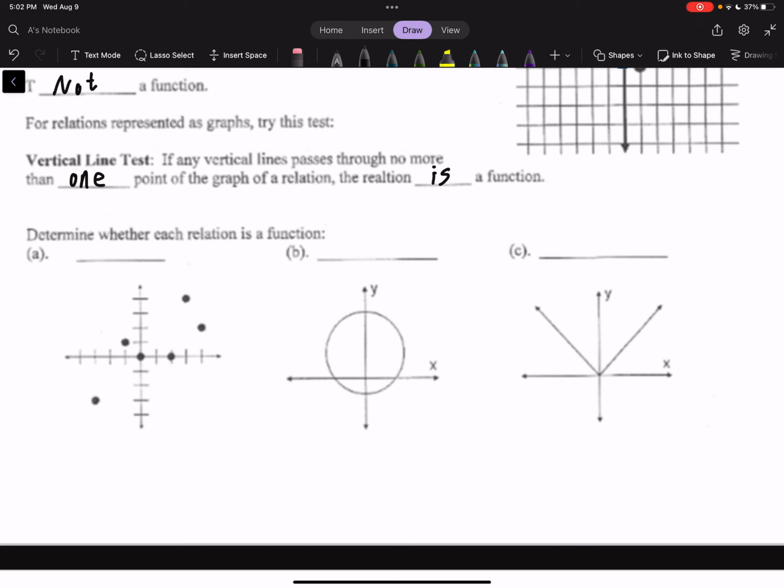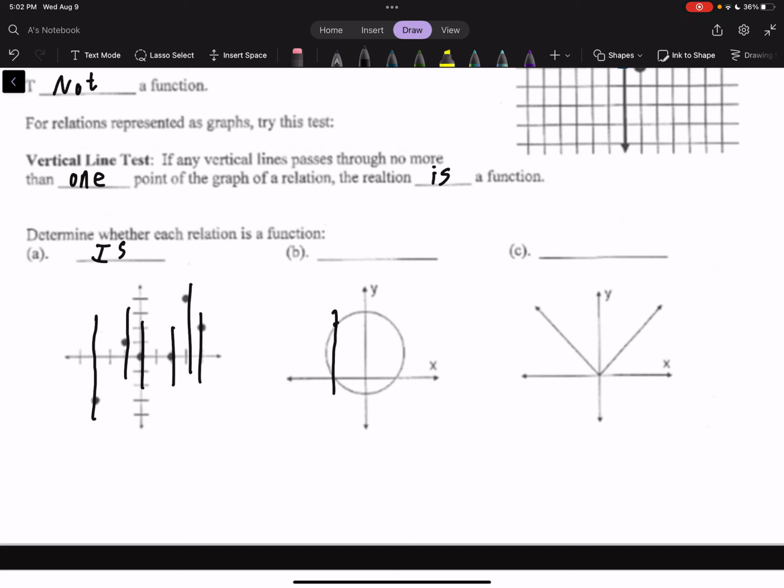So, to determine whether each is a function, I'm going to draw a line. There's only 1 dot per line. It is a function. The circle. Okay, I'm done.